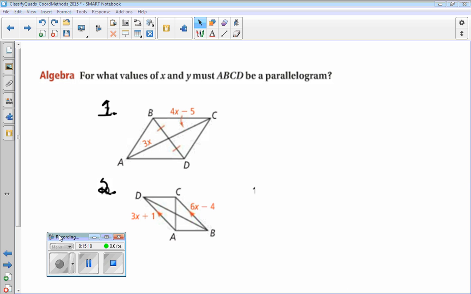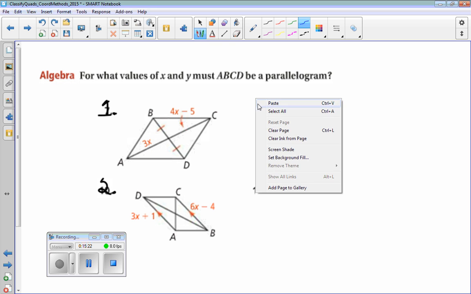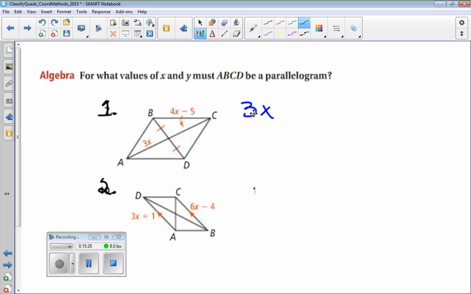In the first problem, I'm sure you can come up with the equation very quickly. What is the equation for number 1? 3x is equal to 4x minus 5. Nothing we didn't expect. What I'm going to ask you is to justify why that's true.